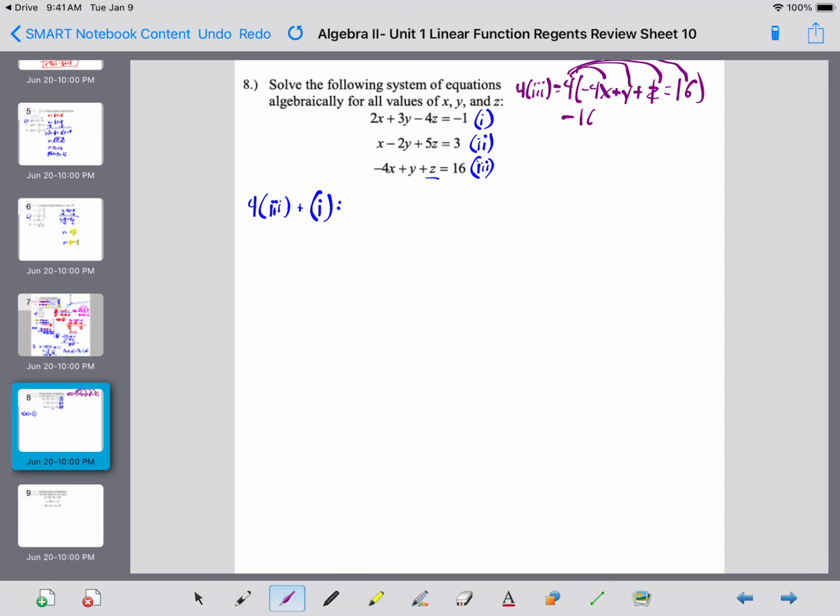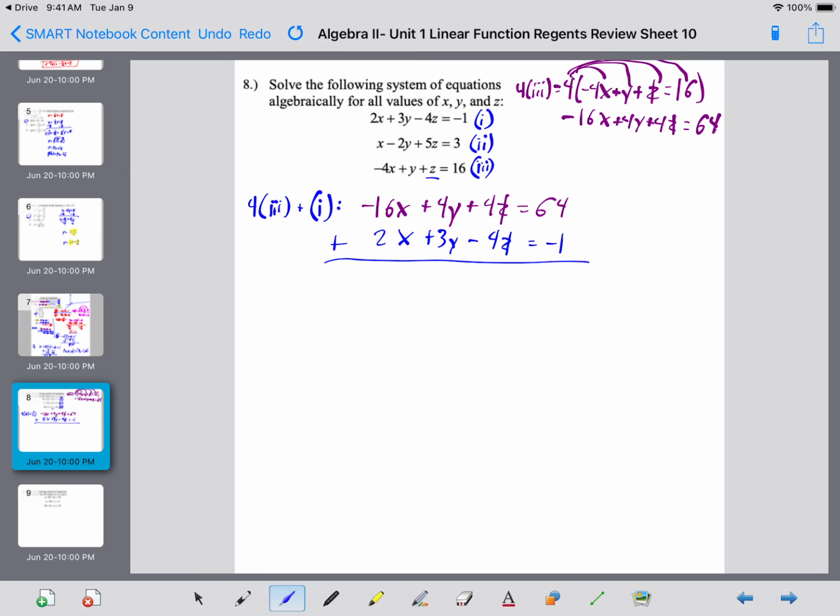So you have negative 16x, positive 4y, positive 4z, and then 4 times 16, 64. So let's rewrite that. Negative 16x plus 4y plus 4z equals 64. And then equation 1 is 2x plus 3y minus 4z equals negative 1.